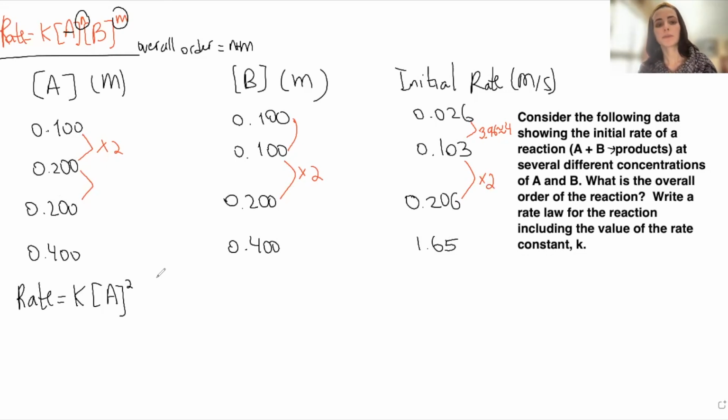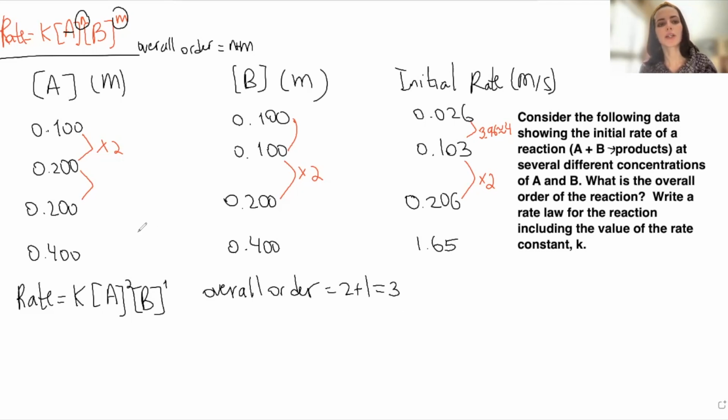So this is direct proportionality, and this is first order reaction. So B to the power of 1, we don't have to write it, but I'll write it for now. So overall order for this reaction would be 2 plus 1, which is 3, right?